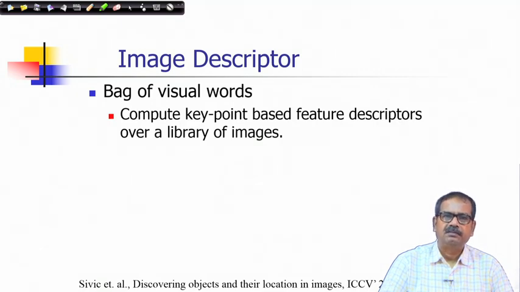But in images, the first task could be to create a dictionary of words, which should be dependent on the visual content or local visual features of an image. This locality is first addressed by considering the key points of an image, because key points, as we understand, play a very important role in defining transformation invariant features in an image.